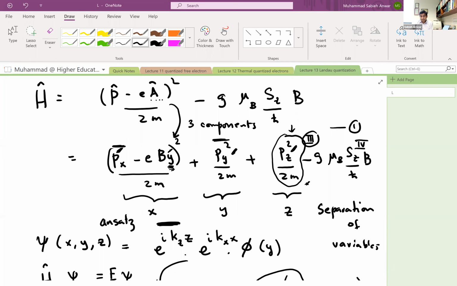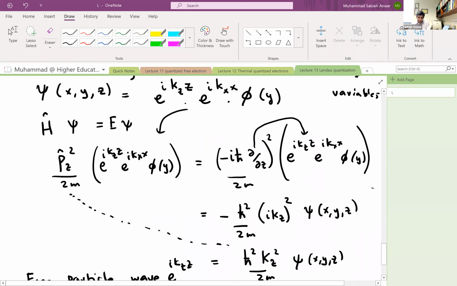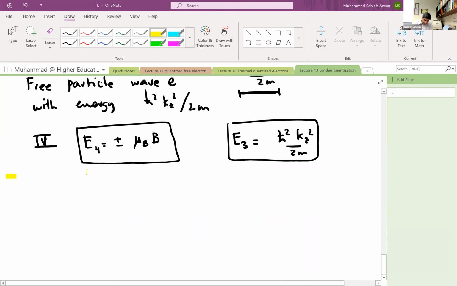Yes, sir. Thank you. All right, so now our intention is to look at these terms here. So these are the first and the second terms. So let's focus our attention on these terms.